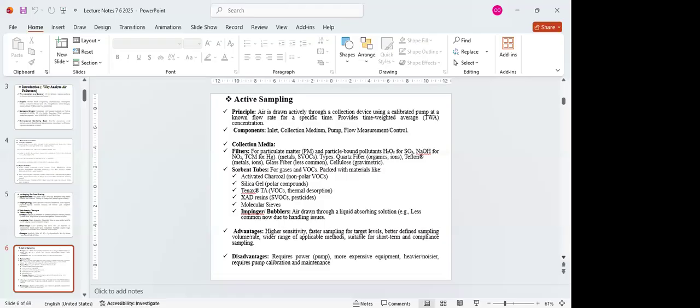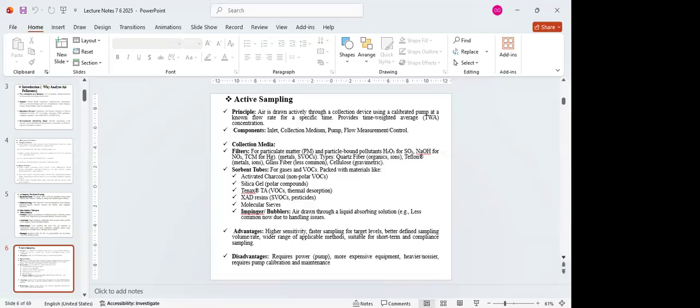And we have the sorbent tubes. These are for the gases and the VOCs, and they are packed with materials like activated charcoal. The activated charcoal serves depending on the means by which it was activated. You can activate the charcoal using an acid, or you can activate it using heat.